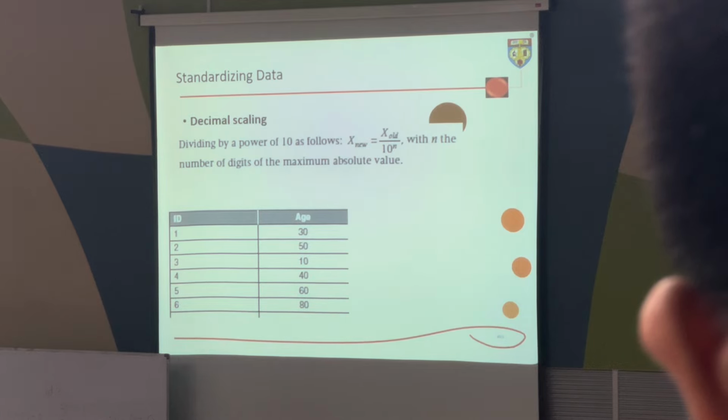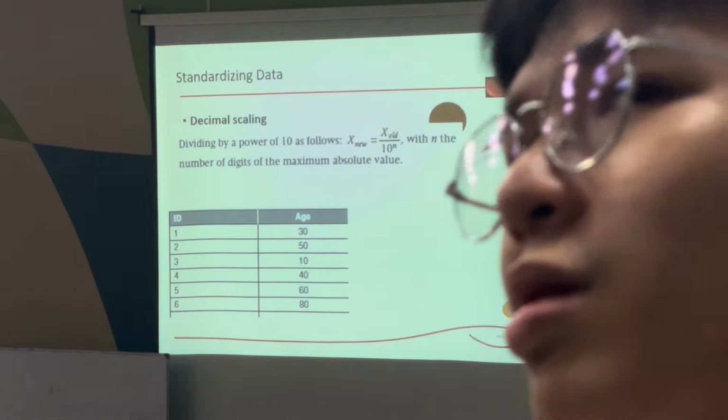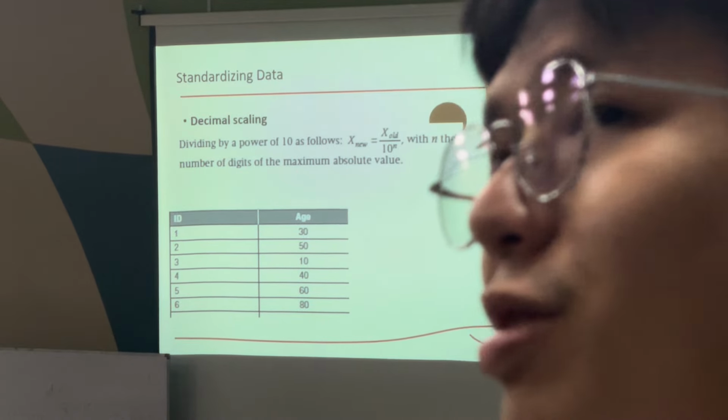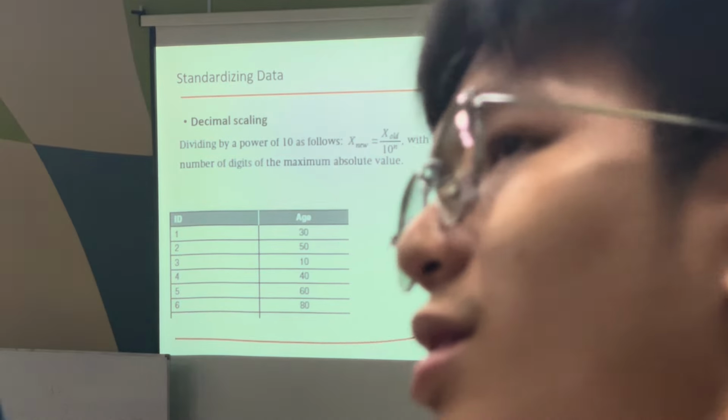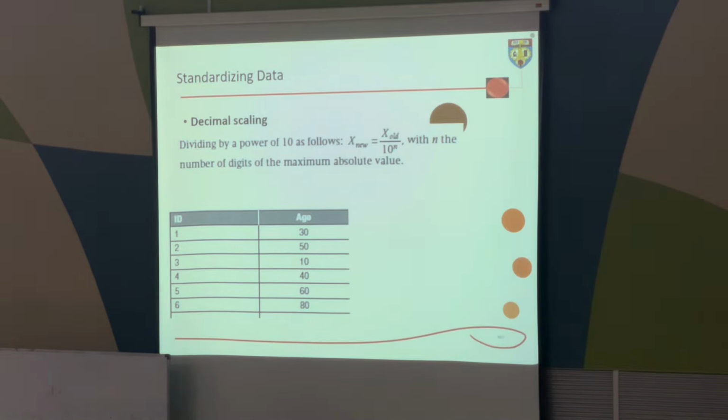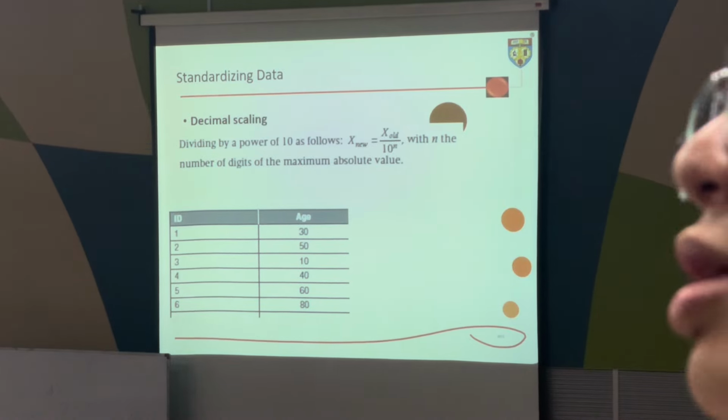So this is the definition: you need to divide by a power of 10. The new value is the original value divided by 10 to the power of n, where n is the number of digits of the maximum absolute value.